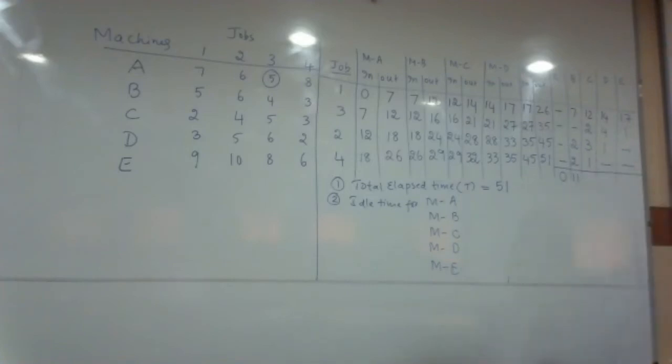So 11 is the idle time for B. For C, 12 plus 2, 14, 14 plus 3, 17, 17 plus 1, 18. 18 is the value. For D, 14 plus 4, 18, 18 plus 1, 19. And for the last machine, 17 plus 1, it becomes 18.